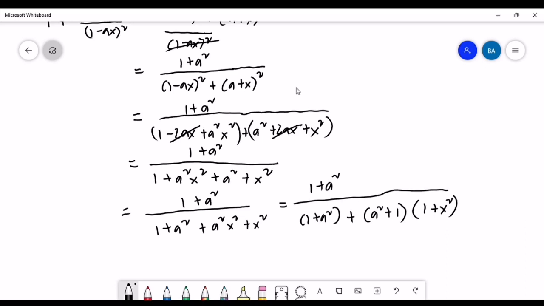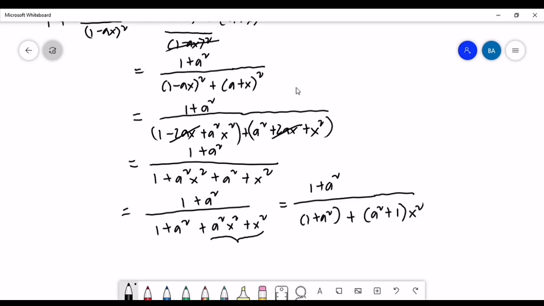Okay, so in here we group, so this is equals to x squared. So in here we try to factor out the x squared, and then the remaining would be a squared plus 1.